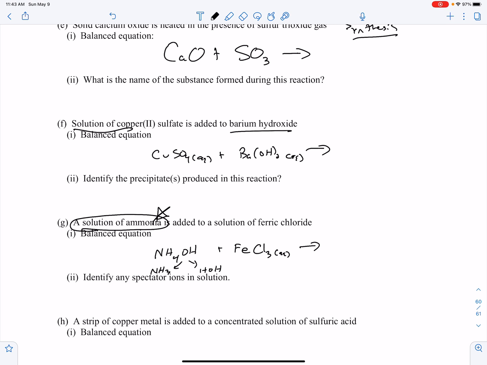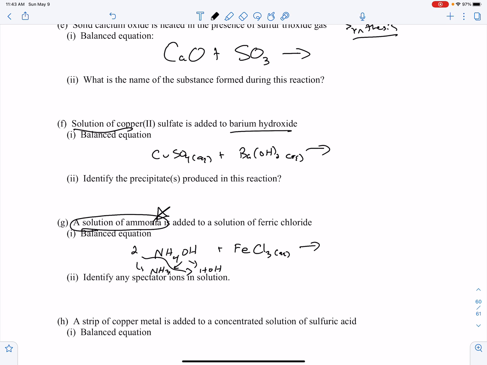Use the ammonium and your iron as your cation exchanges. But then when you're going through and balancing it, I believe that you'll see that you should have the water that will end up, there you go. So instead of ammonium hydroxide, we'll have reactants of ammonia and water. And what I would go through is if I balance it, let's say I needed a 2 here. Well, when I rewrote the reactants, that would be distributed here and here.